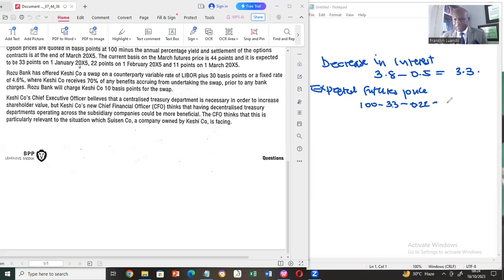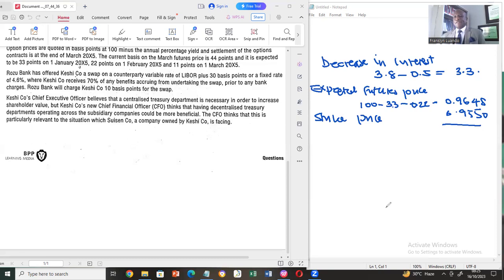This will give us 0.9648. And then we have the strike price. The strike price is not changing, 0.9550.